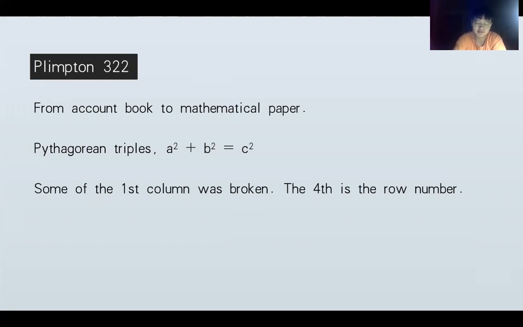So we can see that people are always correcting themselves. Maybe what we know now is not correct, but someday we will find out that, oh, this is not correct, maybe something else is correct. So never simply believe what we have right now. Let's get back to Plimpton 322.